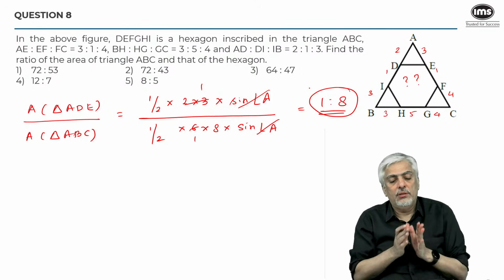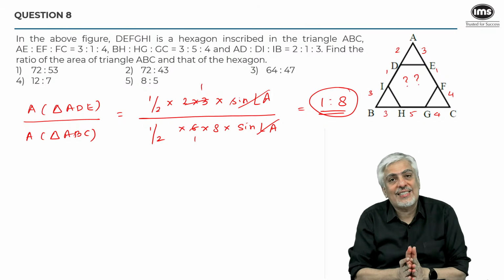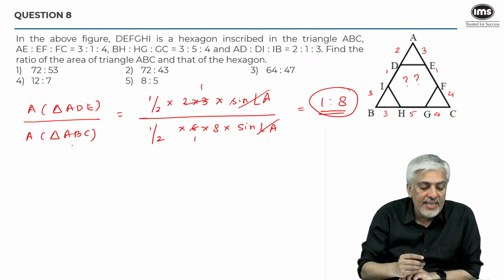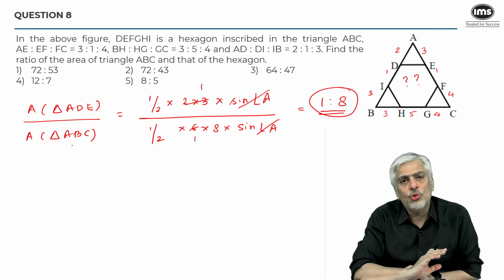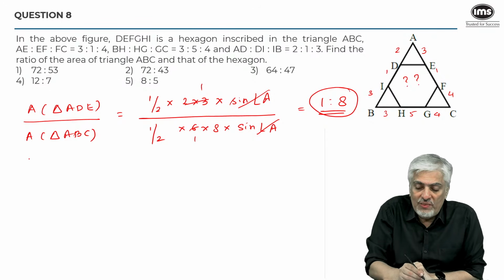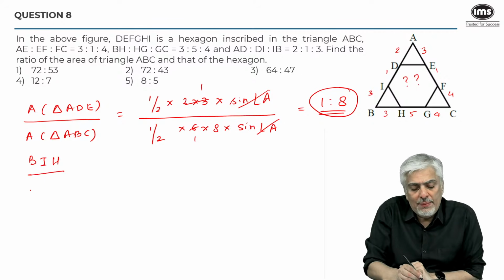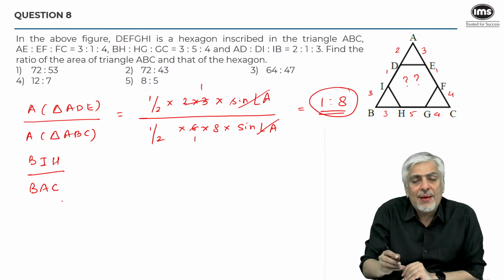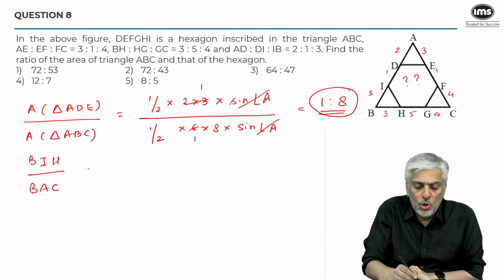Very important. Once you understand this, that how did I get ADE upon ABC, you just applied the same thing 3 times. So now the second time we will apply it for BIH upon ABC or BAC, because this time angle B will come into the picture. You don't need to write everything.